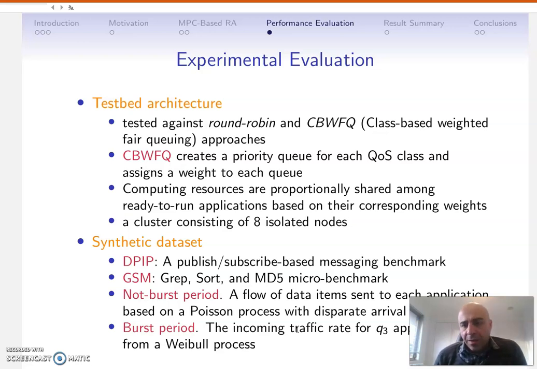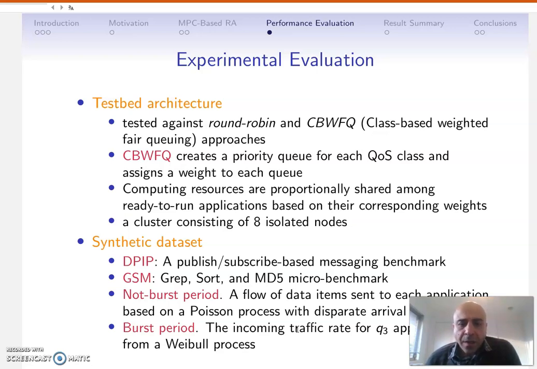We implemented and evaluated the effectiveness of our approach by comparing it with round robin, which is the default resource allocation policy employed by Apache Flink, and also another approach called class-based weighted fair queuing, which defines constant queues, where each queue has its own constant share of CPU.